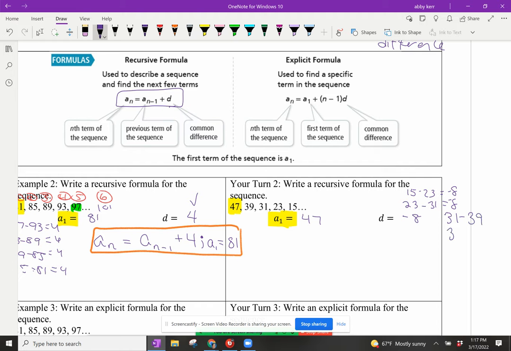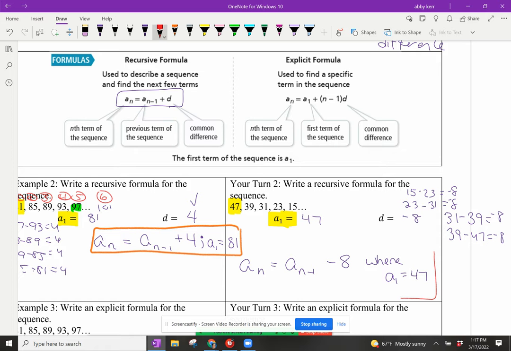I recommend doing it all. You get negative 8 for all of them. And then we're just rewriting the recursive. So a sub n equals the previous a sub n minus 1 minus 8, where a sub 1 equals 47.